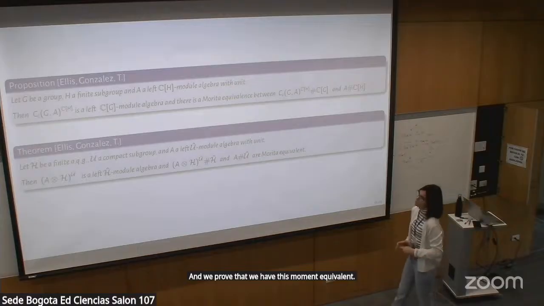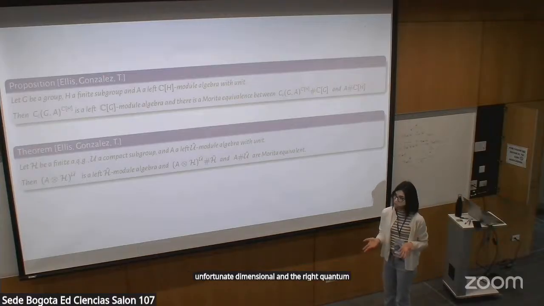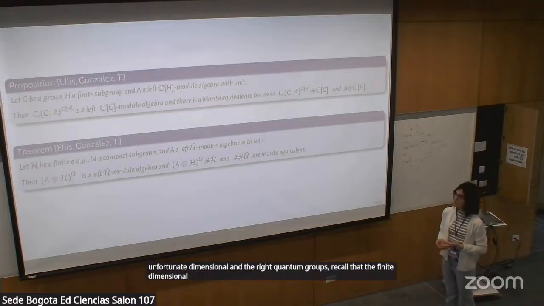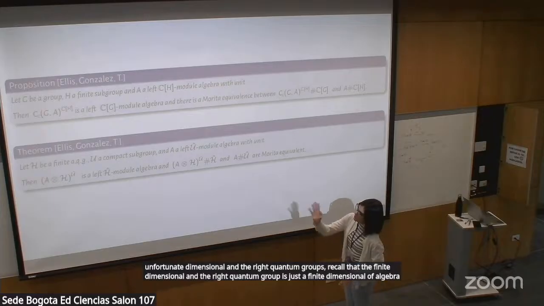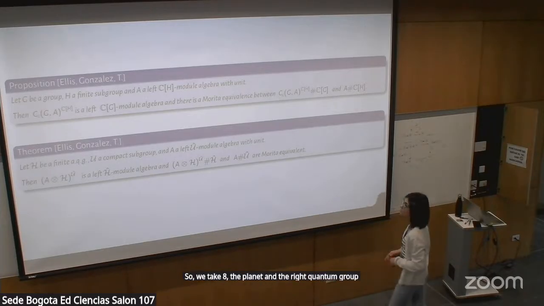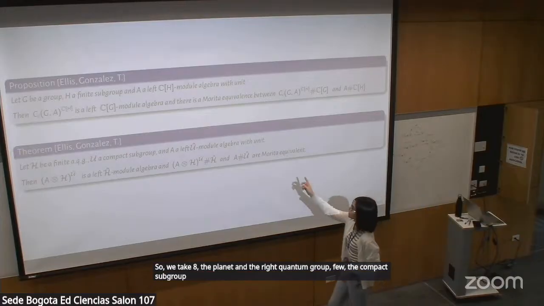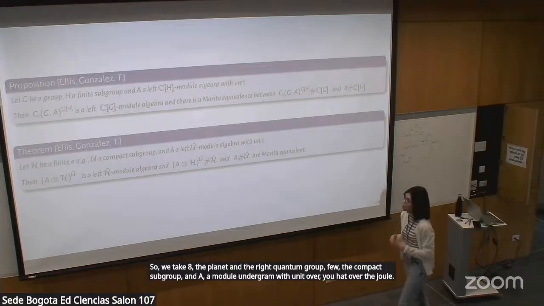And for the case of finite dimensional algebraic quantum groups, recall that the finite dimensional algebraic quantum group is just a Hopf algebra, a finite dimensional Hopf algebra. So we take H, the finite algebraic quantum group, U, the compact subgroup, and A a module algebra with unit over U hat, over the dual. And we do the same procedure.